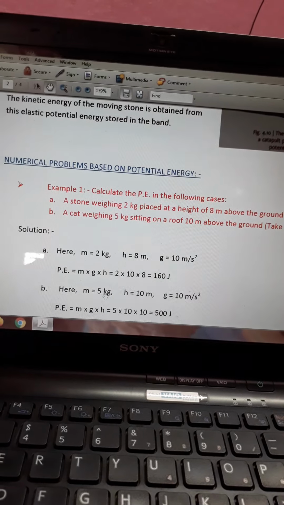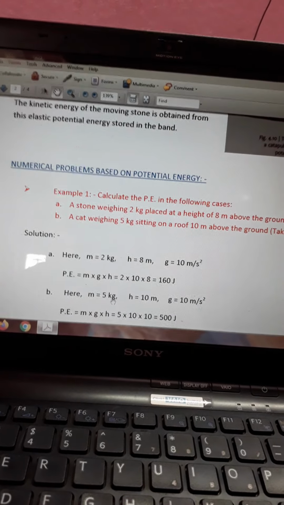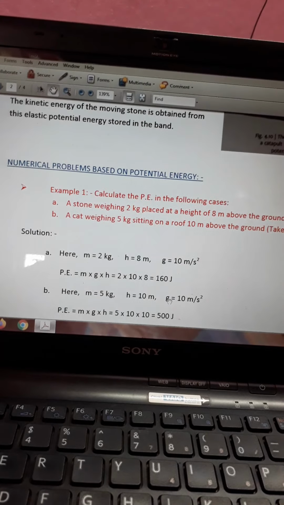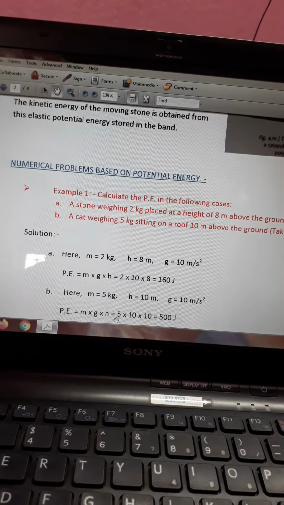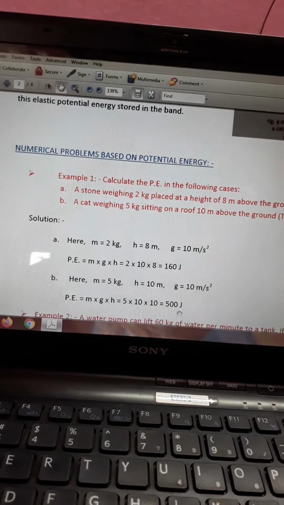So mass is here 5 kg. H is equal to 10 meter, g is equal to 10 meter per second square. Put these values in that expression, potential energy equals to mgh, and you get the result.